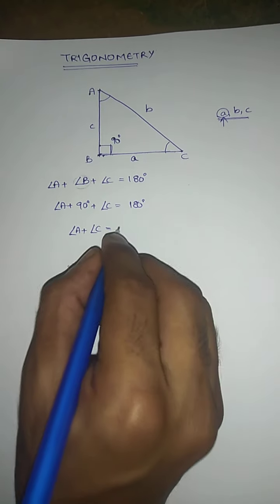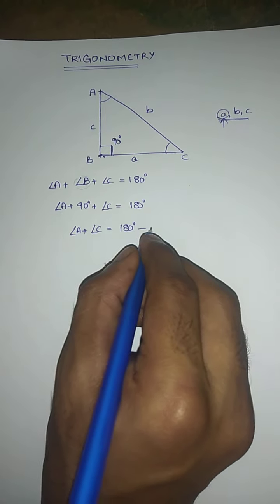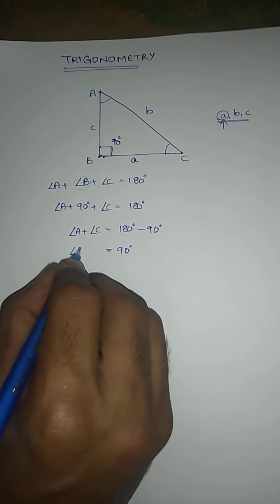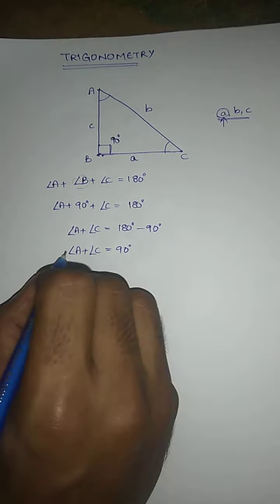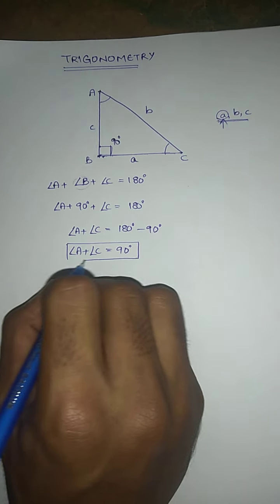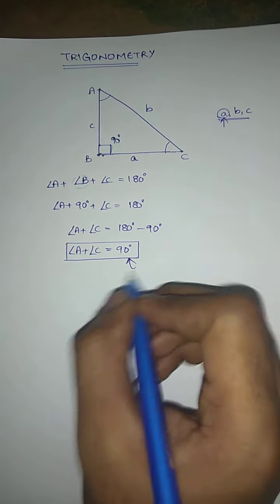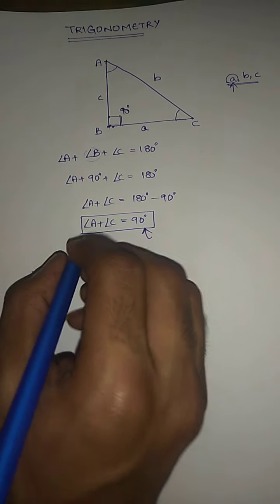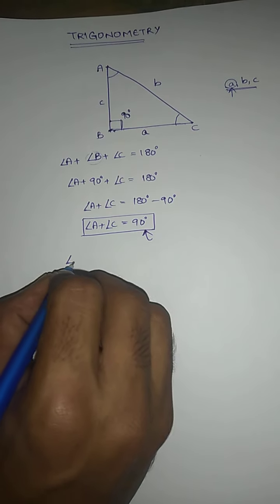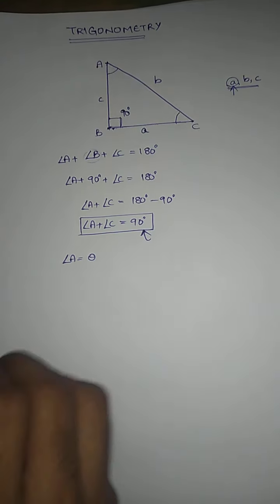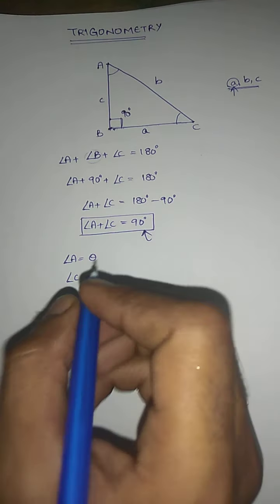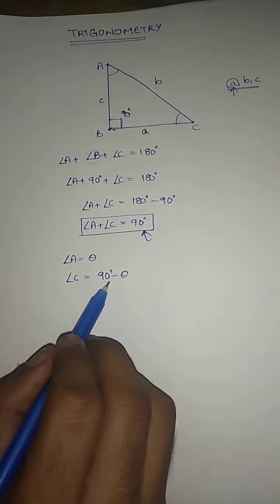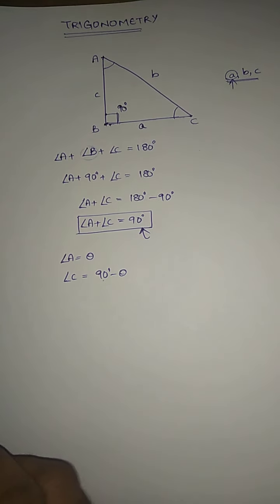Angle A plus angle C is equal to 180 degrees minus 90 degrees, so it is 90 degrees. So if we sum up the remaining angles in the right angle triangle, it will be equal to 90 degrees. If we assume angle A is theta, then angle C is equal to 90 minus theta. Clearly you can observe if we add these two, we get 90 degrees.